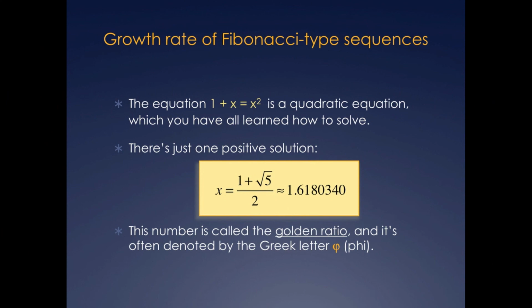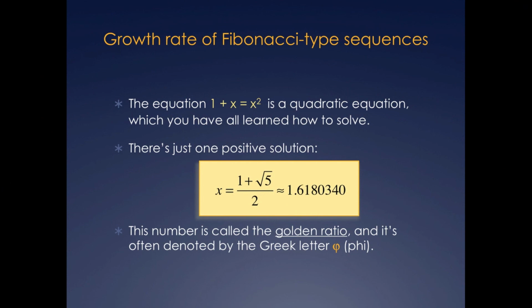What you need to do is to rewrite the equation with all the terms on one side and then apply something called the quadratic formula. Okay, well, I hope you remember it, but let me just say it aloud. The quadratic formula says that x equals minus b plus or minus the square root of b squared minus 4ac, all divided by 2a. I hope that has a familiar ring.